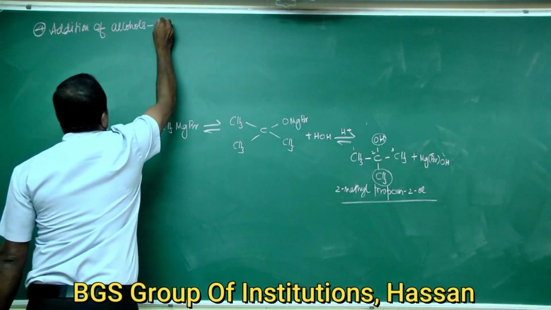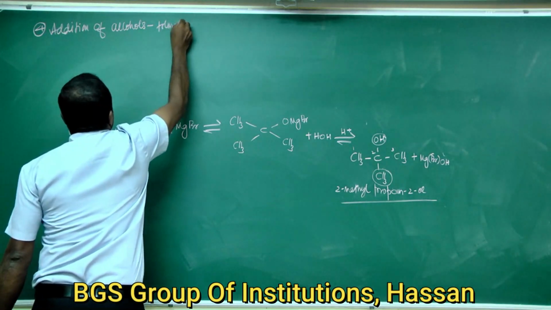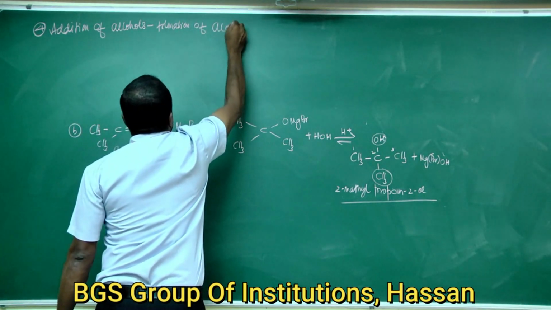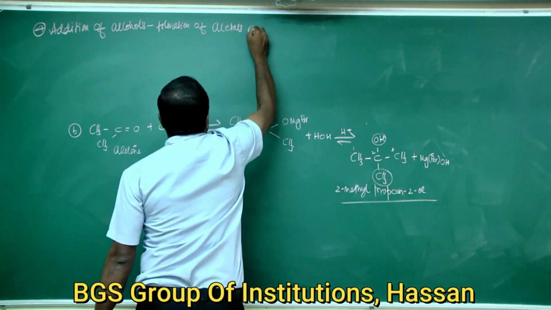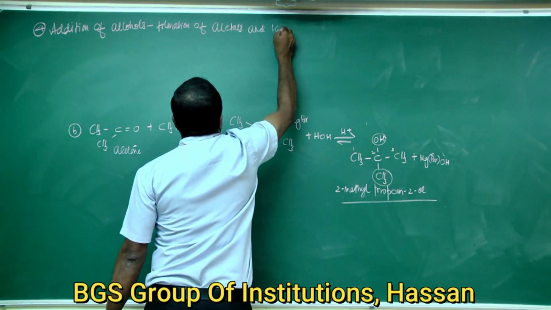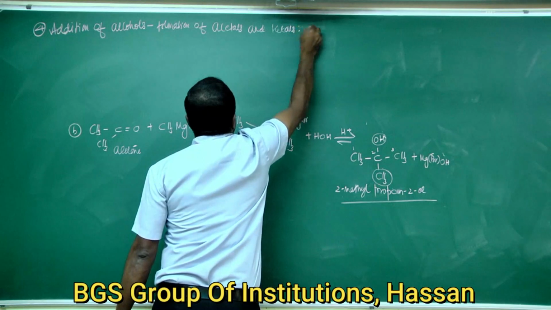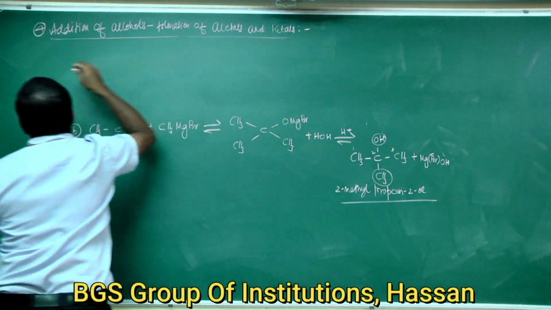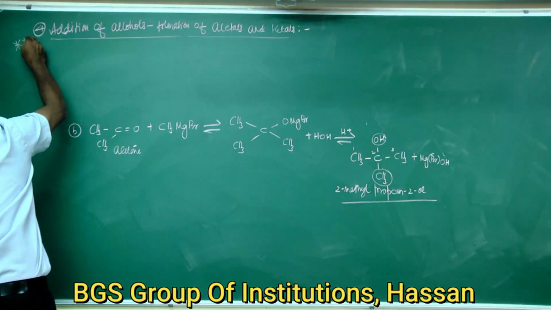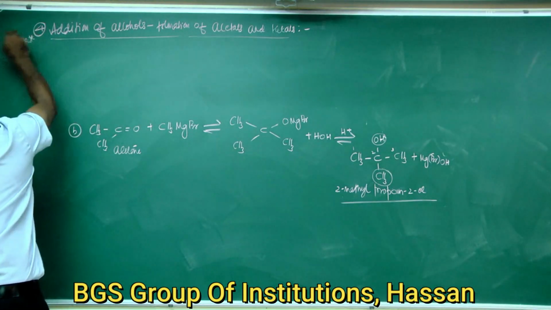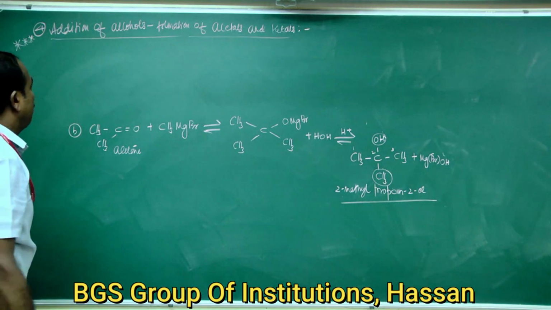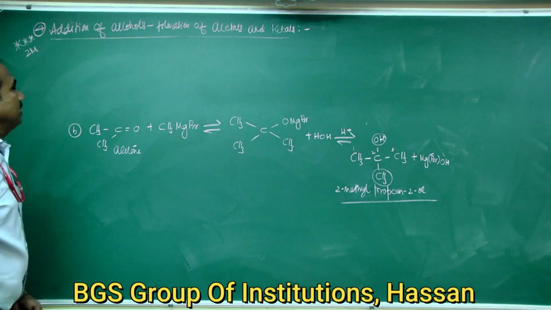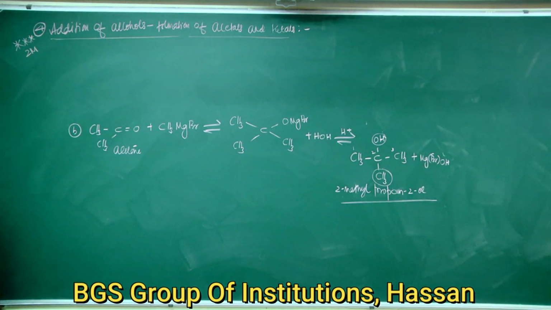This is nothing but formation of acetals and ketals. That is, addition of alcohols to carbonyl compounds. This is also important, it has already been asked in the examination for 2 marks.